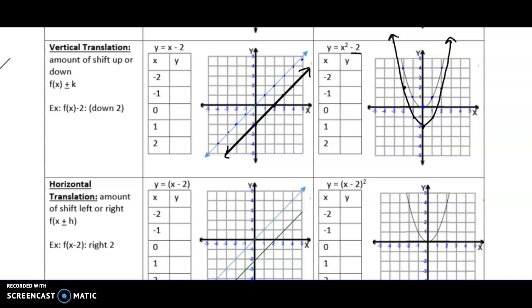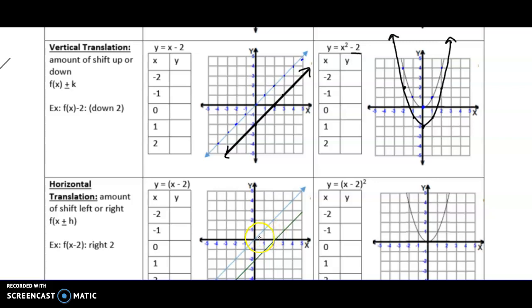All right, horizontal translation. So this is where we're going to move it left or right. And since our function says -2 in parentheses, the original equation has a minus in it. So it's just going to be 2 to the right.